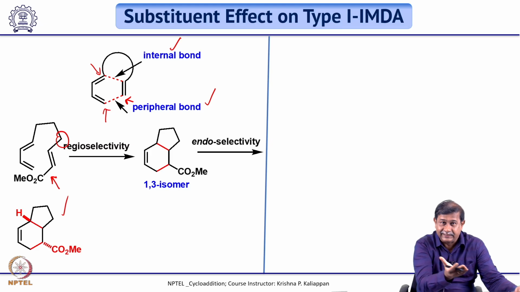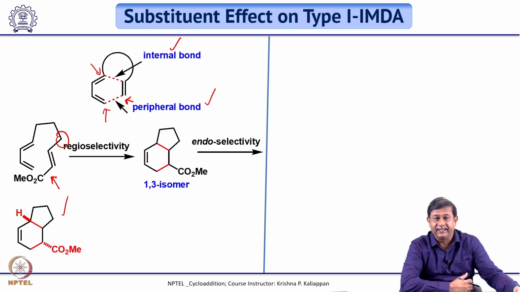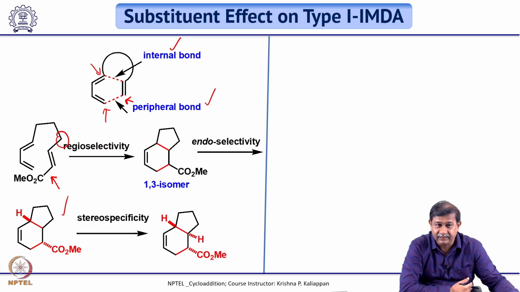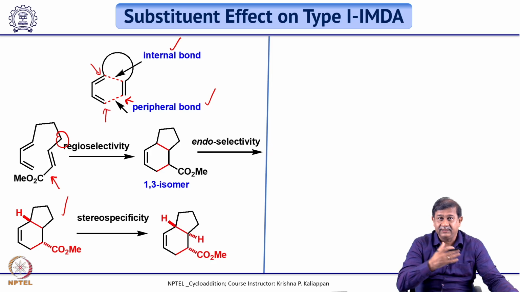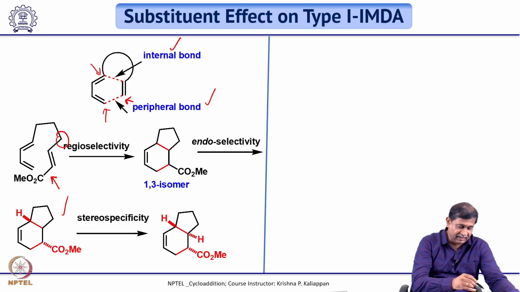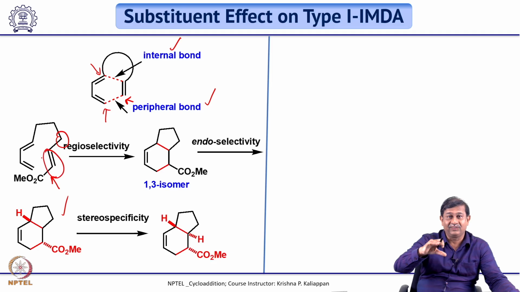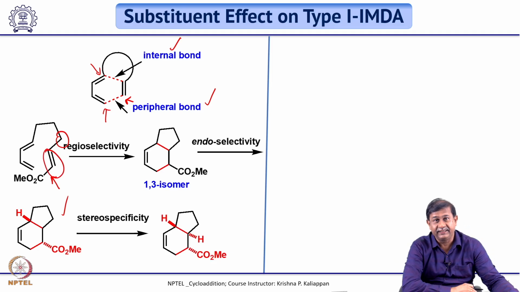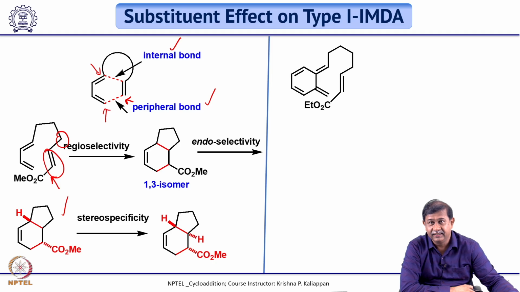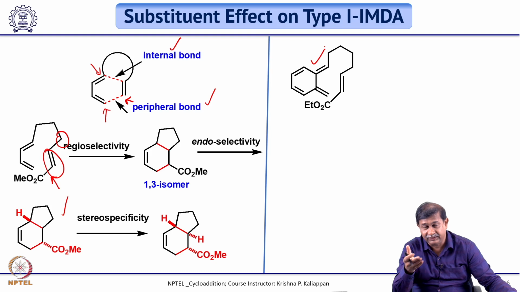The ester can go easily below the diene, so it can give the endo product, and more importantly it is stereospecific, because whatever stereochemistry you have on the dienophile, that is the double bond, will be retained in the products. Likewise, this type of tetraene we already discussed how one can generate.